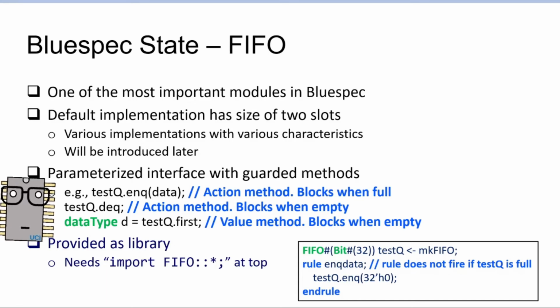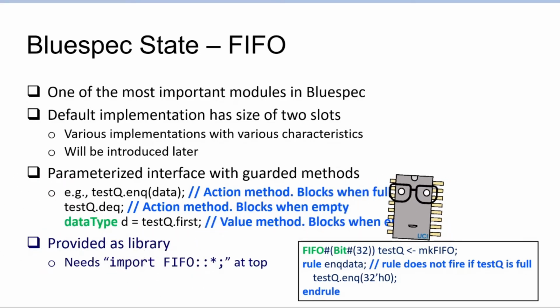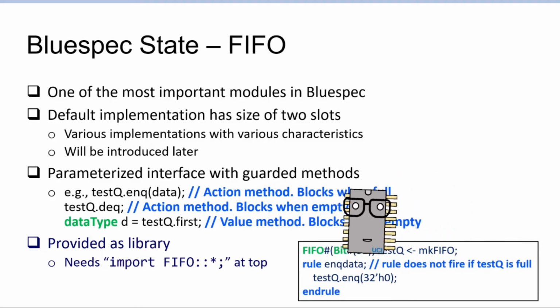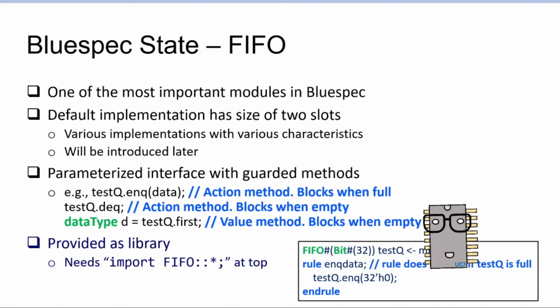And a default FIFO implementation exposes 3 methods: enqueue, dequeue, and first. Enqueue is an action method. It blocks when it's full. Dequeue is an action method. It blocks when it's empty. First is a value method. It blocks when it's empty. So, expected stuff.